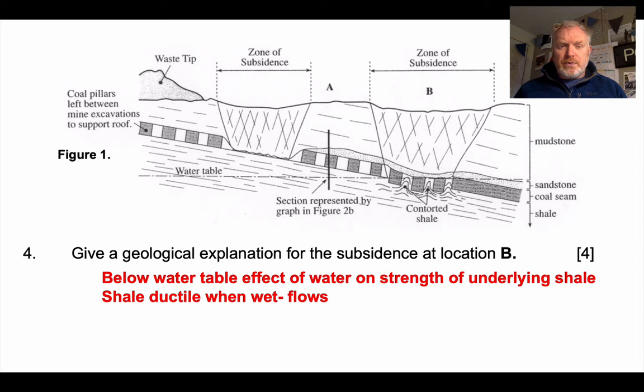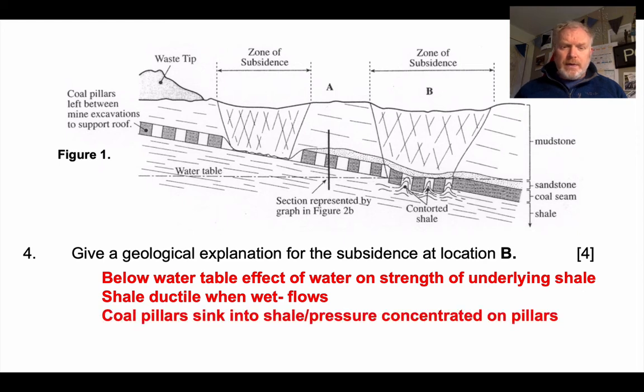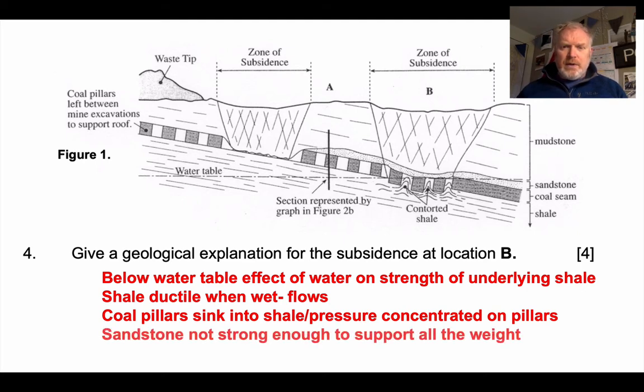So we've got the coal pillars sinking, or pillar punching is the name for it. And the sandstone above here isn't quite strong enough to support perhaps the greater weight of mudstone above location B compared to location A. Although we can see it's sort of deformed a little rather than completely failing.